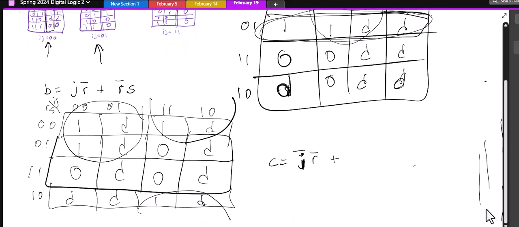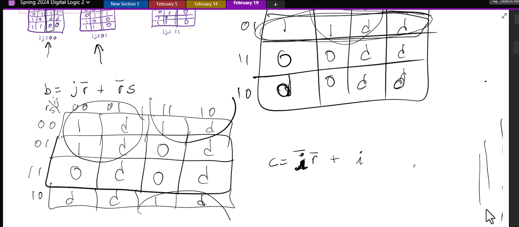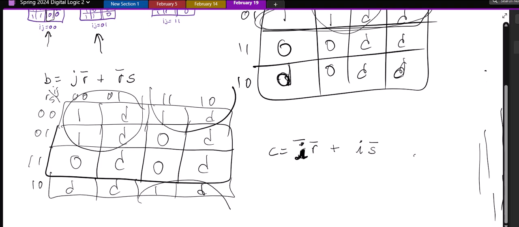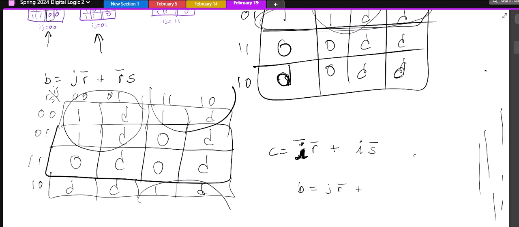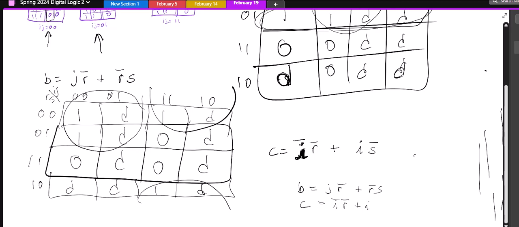Okay, so this was I equal to 0 and R equal to 0. And this group has I equal to 1 and S equal to 0. Okay, so now I have B equals JR plus RS and C equals I bar R bar plus IS.